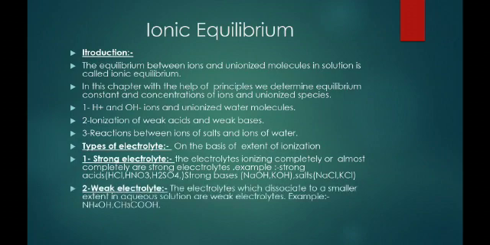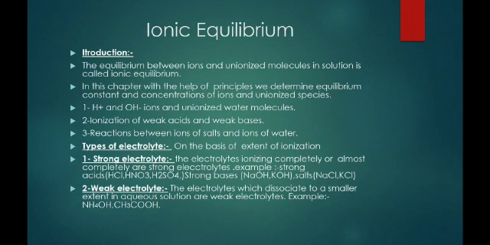Now, weak electrolyte. The electrolytes which dissociate to a smaller extent in aqueous solution are called weak electrolytes. Smaller extent means what? Partially dissociate. For example, NH4OH, ammonium hydroxide, and acetic acid, CH3COOH.